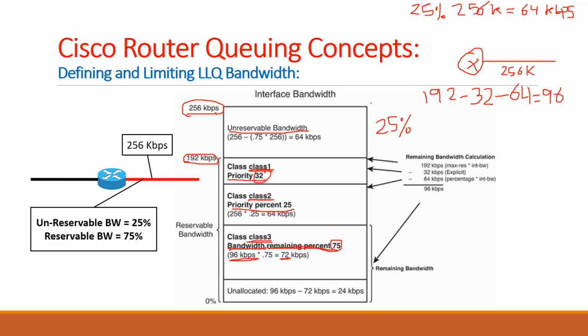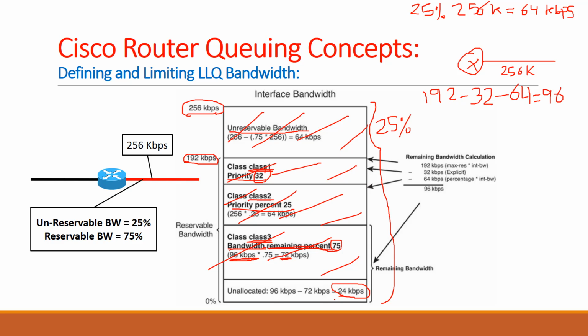This is how the total bandwidth is reserved for 3 different classes. 25% is unreservable bandwidth, 32 kilobits for class 1, 64 or 25% for class 2, and remaining percent 75 of the remaining equals 72 for class 3. Then we have 24 kilobit per second unallocated.